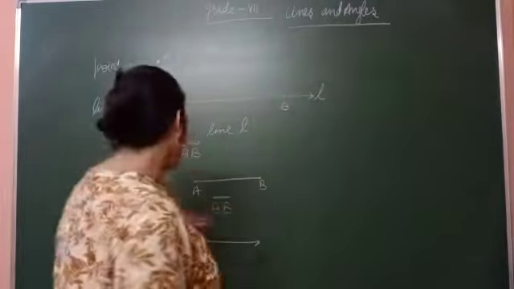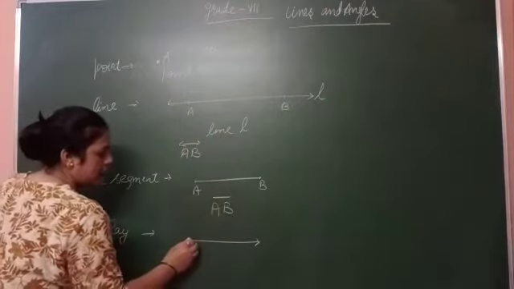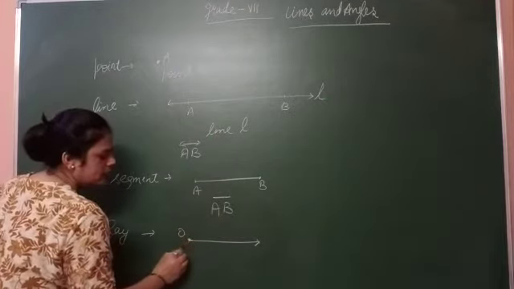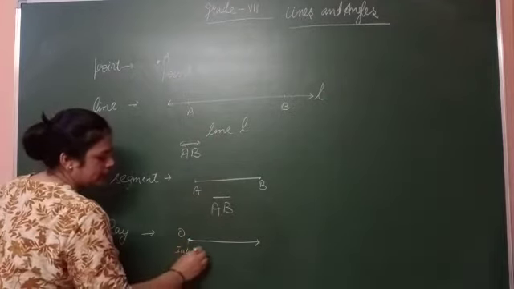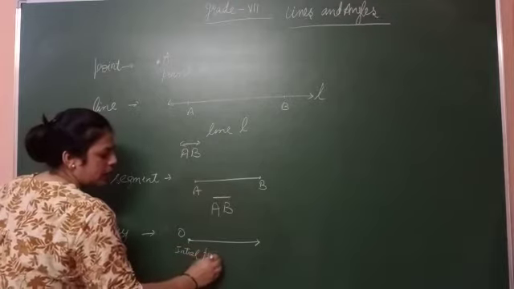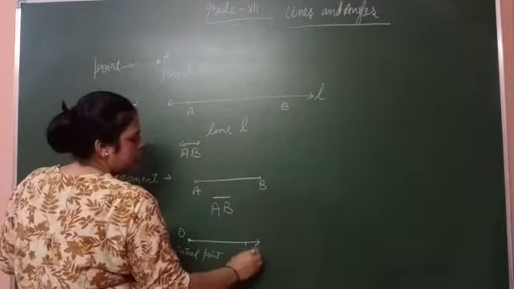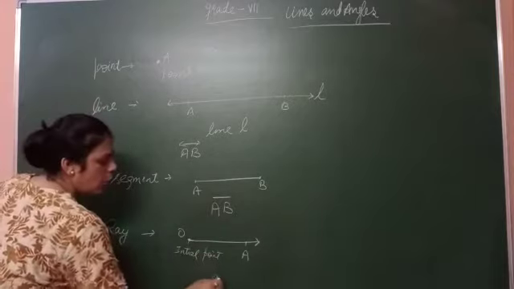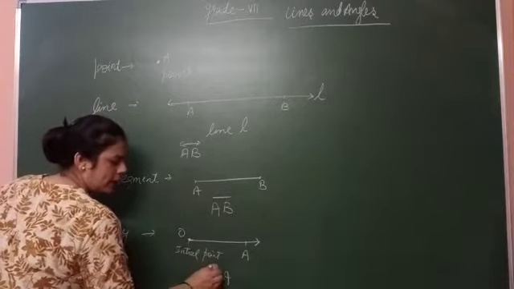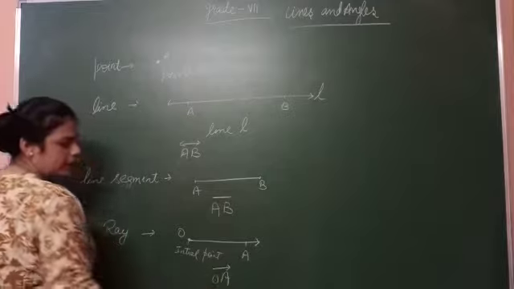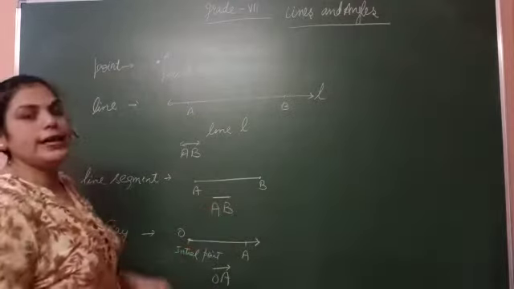These are examples of a ray. It has a fixed point O, which is called the initial point. And any point on the other side, so it can be written as OA. O is the fixed point and it extends through A, so it is written as OA with an arrow on the A side.